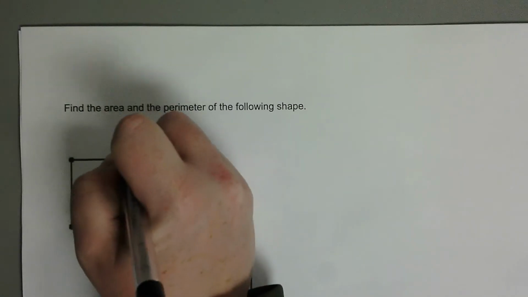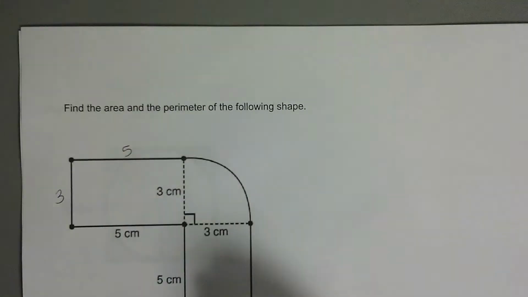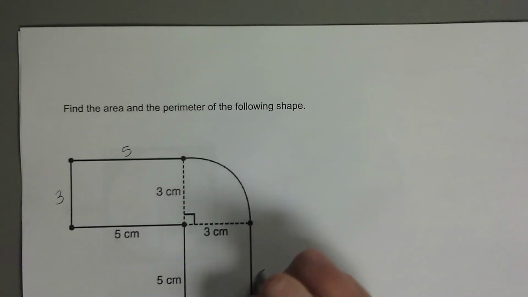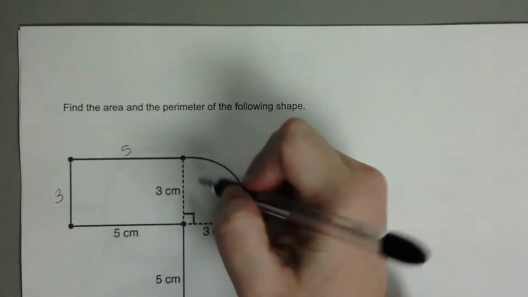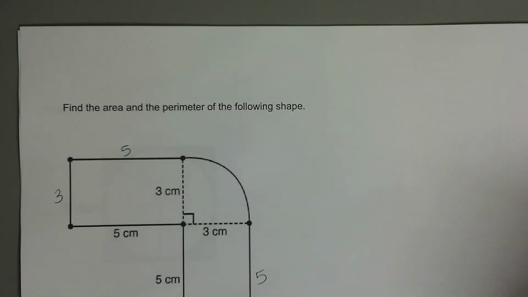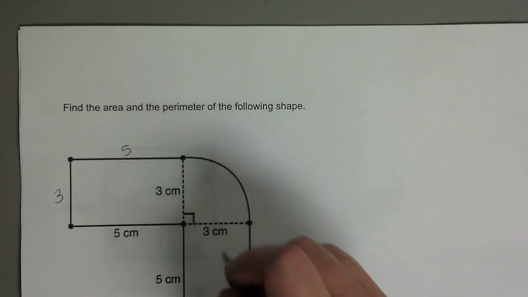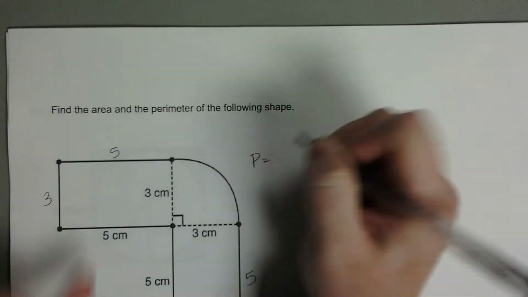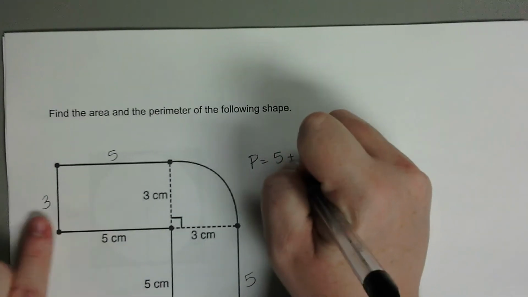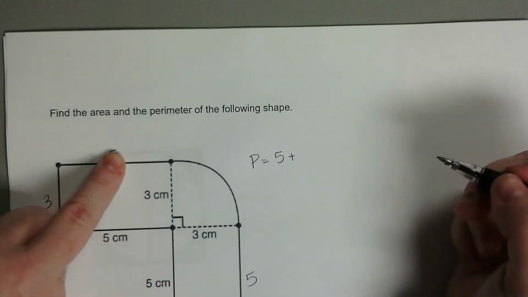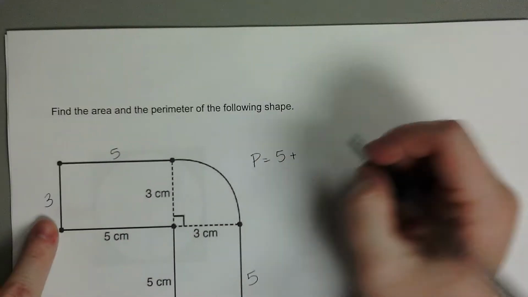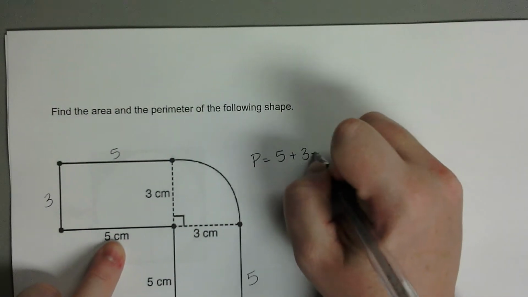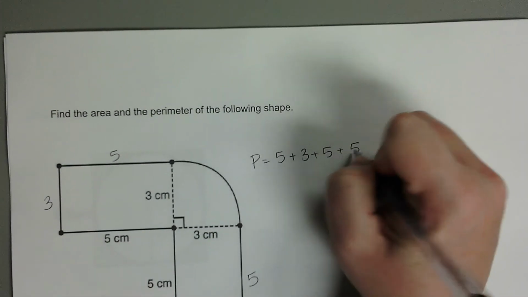So we have 5, 3, 5, 3, 5, and then a quarter of a circle. So perimeter is measuring the outside of it. So we have 5. Let's do, I'll just do 5 plus 3 plus 5 plus 5.